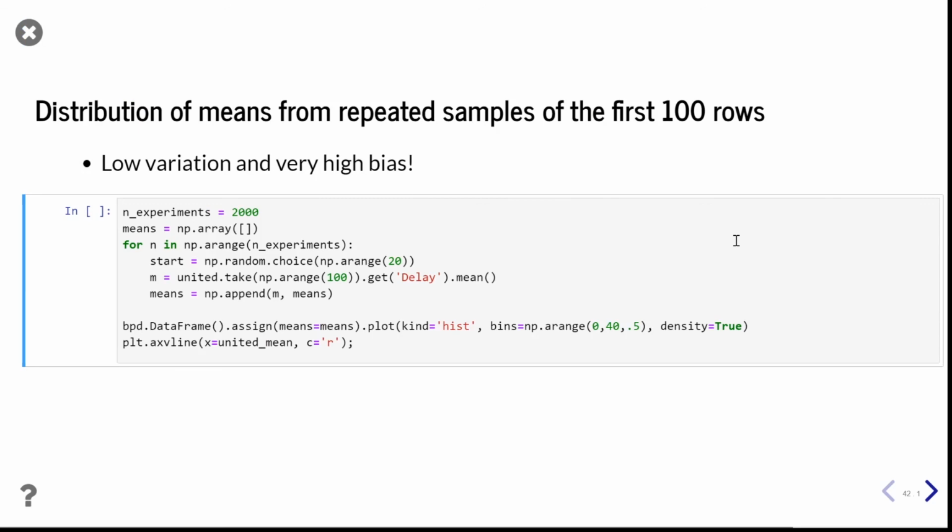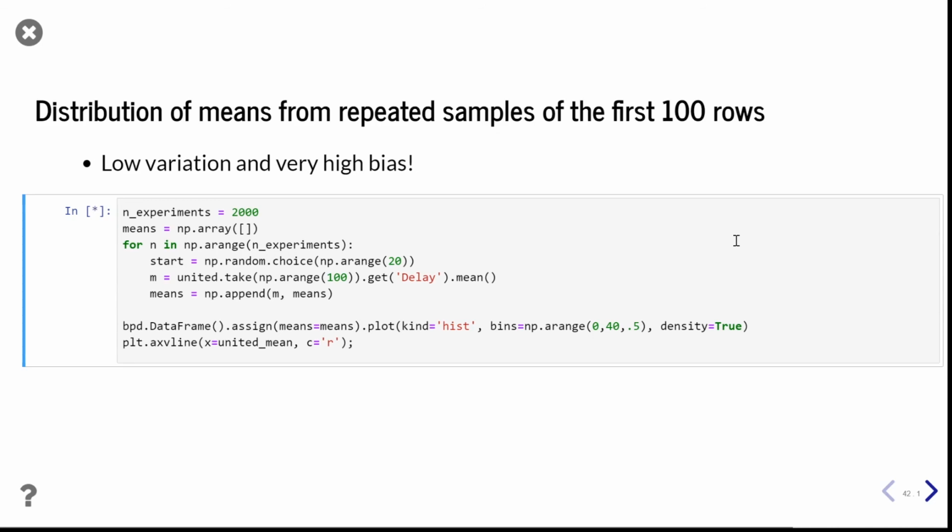Okay, so lastly, what if we took the distribution of means from repeated samples of the first 100 rows? This means I'm really decreasing the size of the set of flights that I can possibly sample from.